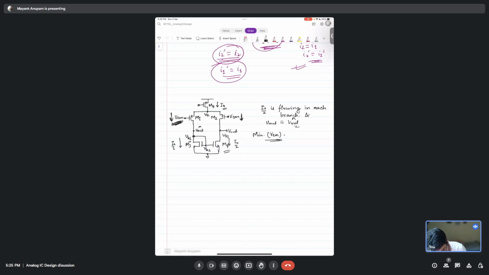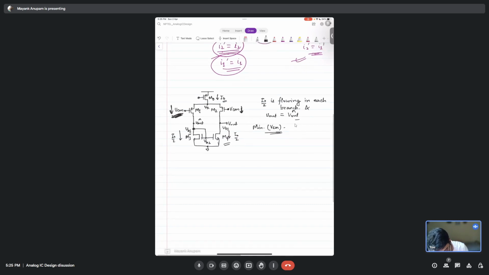What is the condition for going to the linear region? VDS should be less than or equal to VGS minus VT, sir. If it is less than that, it would be in the resistor region.